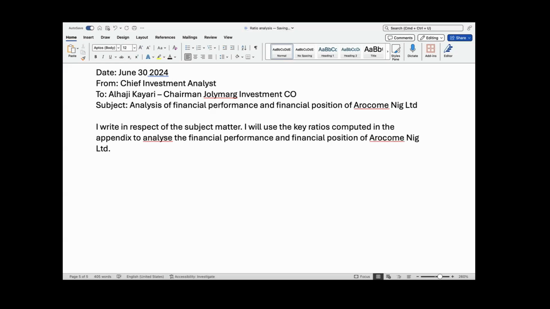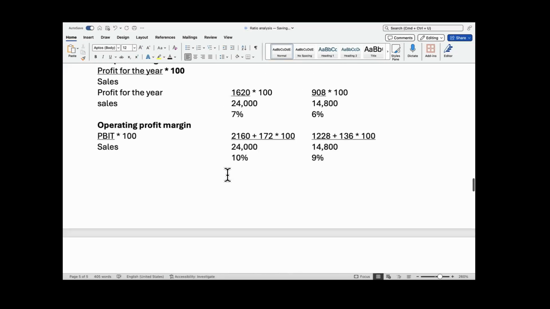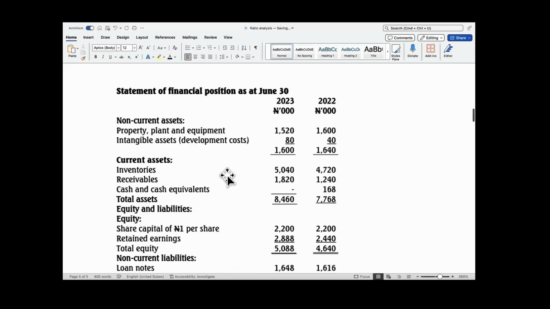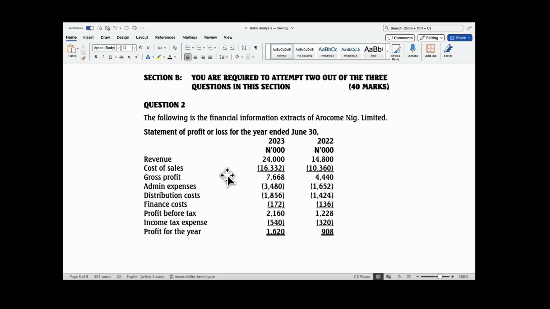Then, before you start using the ratio, I would always advise that you look at the financial statement of the company, especially the financial performance. You can look at their profits as well as their revenue and do an absolute line-by-line analysis, not for all the financial statements, but just those two items.